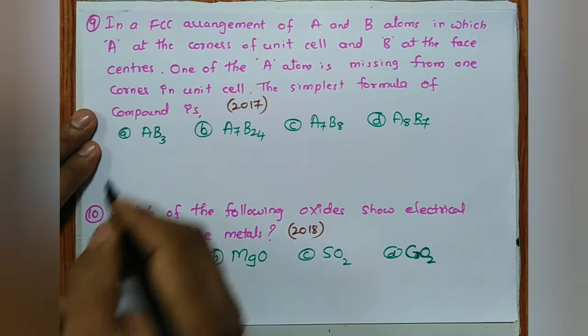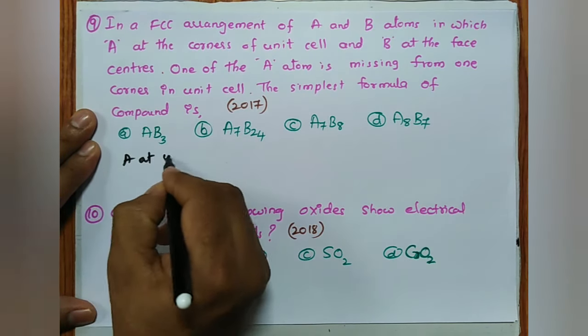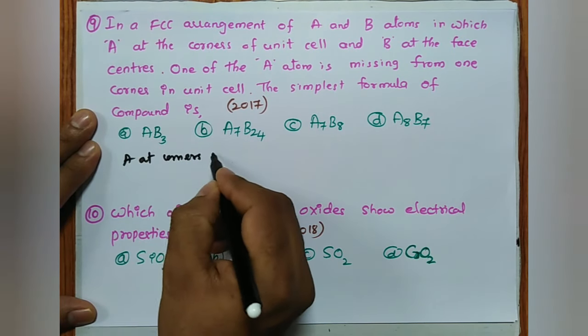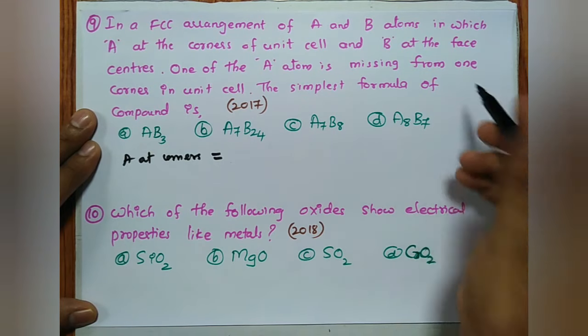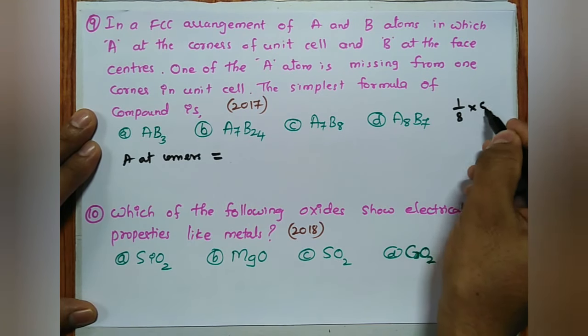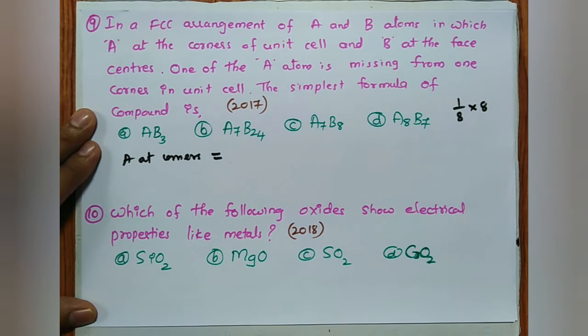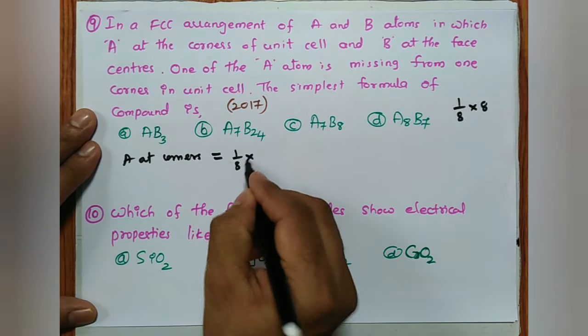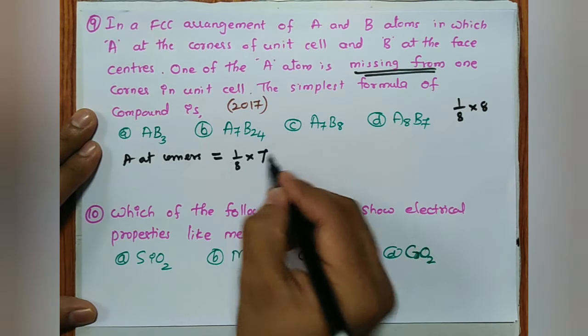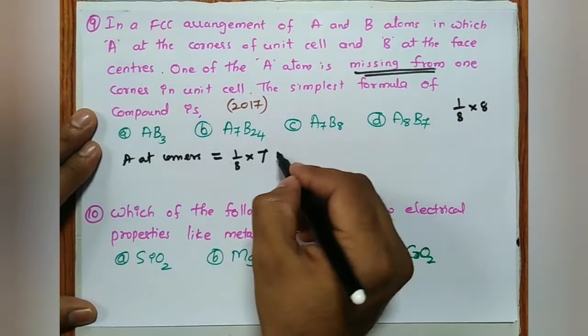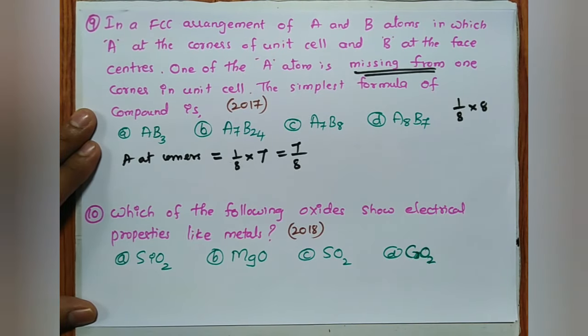Now A at corner, what is the contribution? Normally the contribution is 1/8 × 8. But here, 1 is missing, hence it becomes 7/8.